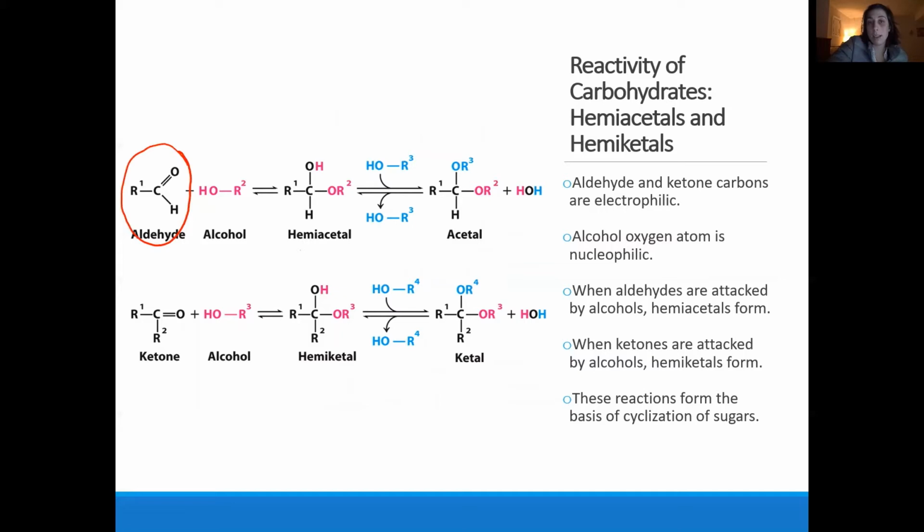There are one set of sugars that have aldehydes, which will go through this hemiacetal reaction, and another set of sugars that have a ketone top, the ones that we talked about, that go through a hemiketal reaction. Now, again, I'm giving you the base idea of the reaction, and then I'm going to show you what it looks like in an actual sugar.